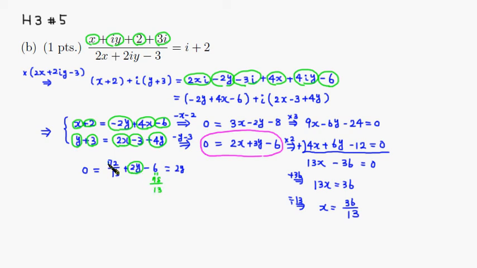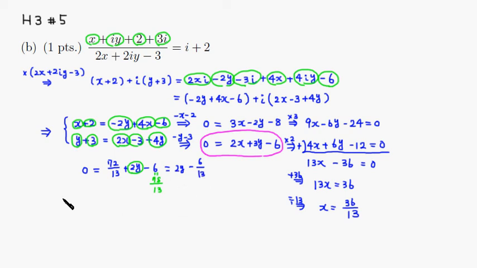So we have 72 over 13 minus 78 over 13, which is negative 6 over 13.